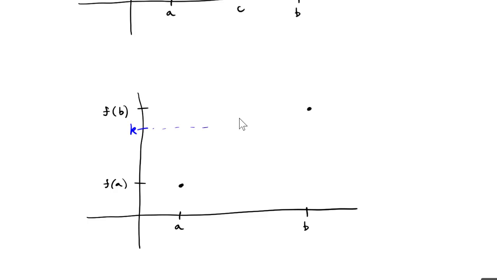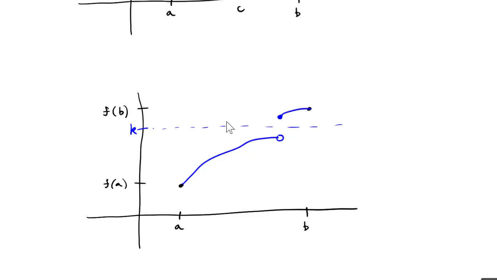So again, with this value here, if you don't ensure that the function is continuous, then certainly I can do this. I could just take the function, go like this, stop there, jump up there, and go like that.